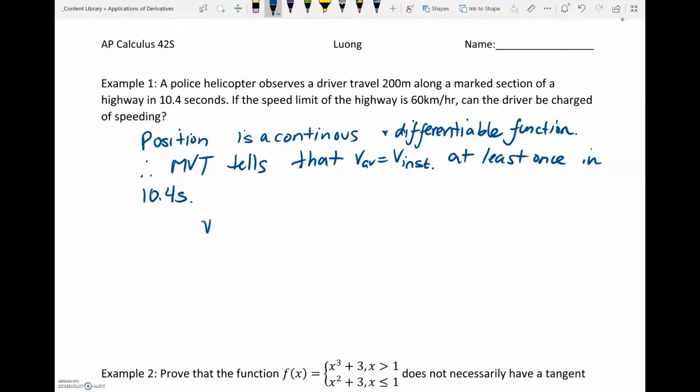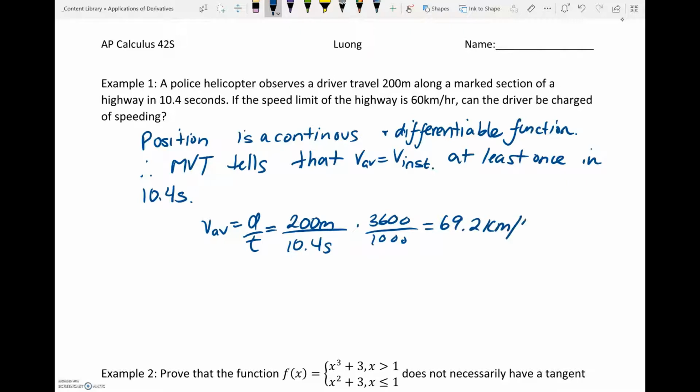So let's find the average velocity because we have the information to do that. That's distance over time. So your distance, 200 meters, over 10.4 seconds. We want to convert this so that we're in kilometers per hour. So if you took physics before, this conversion would be 3,600 divided by 1,000. And this is 69.2 kilometers per hour.